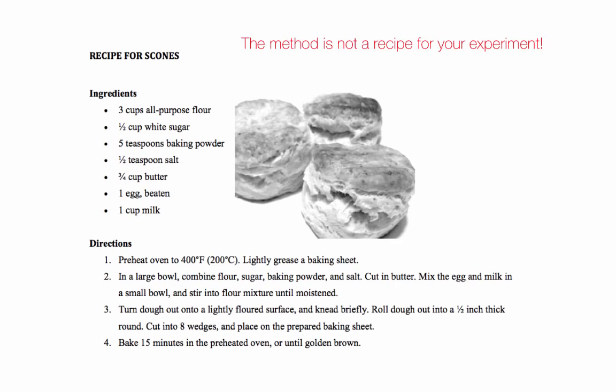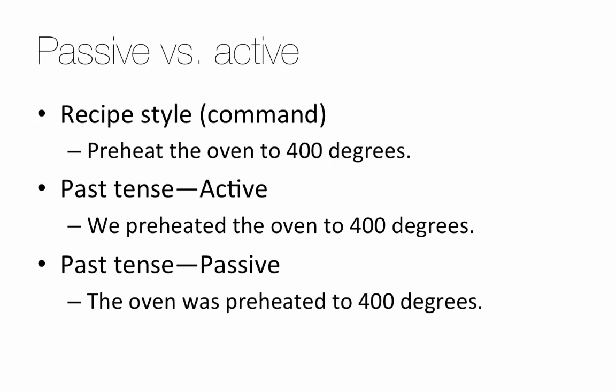So for example, the recipe style uses a kind of command style, and it would say preheat the oven to 400 degrees. So it starts with a verb at the beginning, like sit down. More of an academic style, you could change that to a full sentence with past tense. Instead of saying preheat the oven, you could say we preheated the oven to 400 degrees.